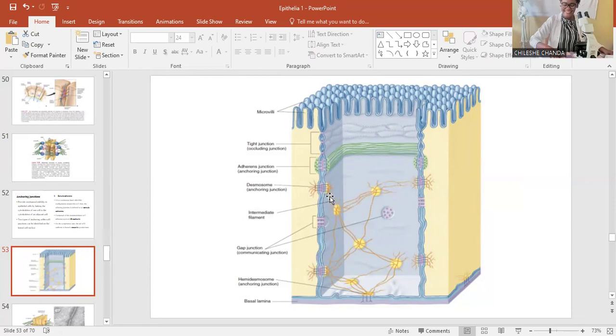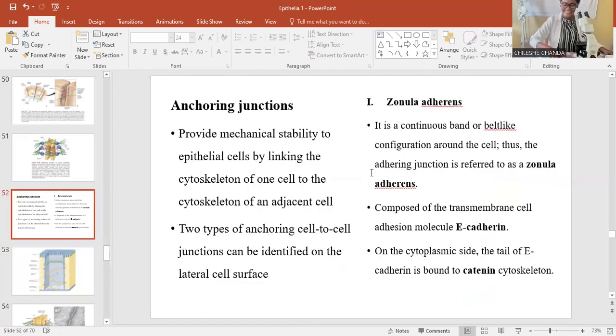This cytoskeleton will be linked to the cytoskeleton of another cell membrane by these anchoring junctions. Okay, so there are two types of anchoring cell-to-cell junctions, and these include one, the zonular adherens. These zonular adherens are a continuous band around the cell.